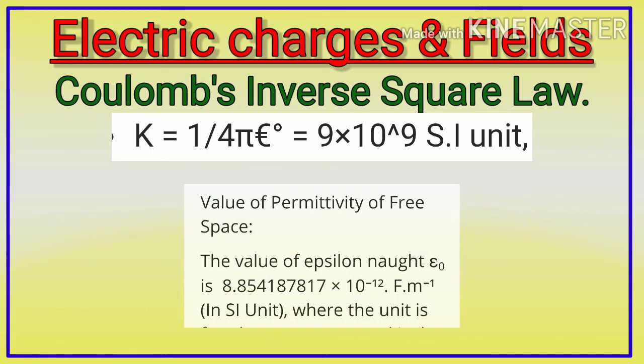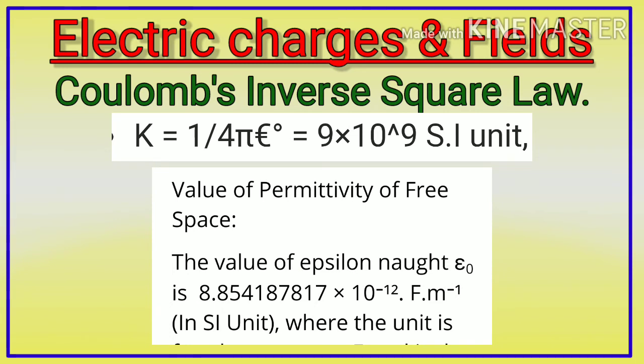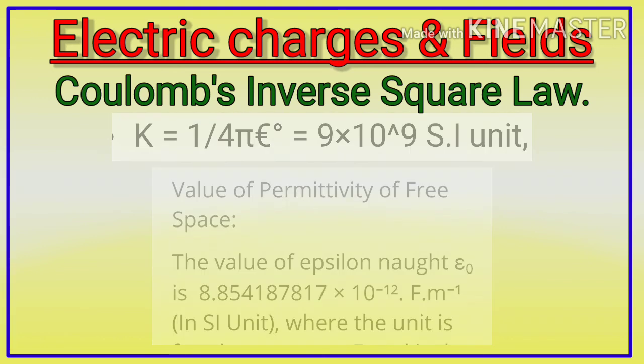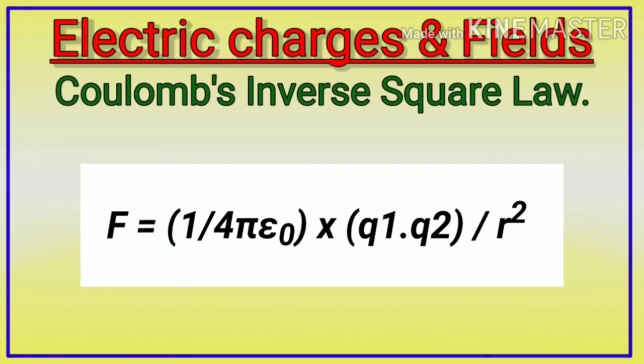The value of ε₀ is 8.85 × 10^-12 coulomb square per newton meter square, or we can write farads per meter also. In a medium with permittivity ε, F = 1/(4πε) × Q1Q2/r². ε₀ is for vacuum, ε is for a medium. Mind it: permittivity in vacuum and permittivity in medium.